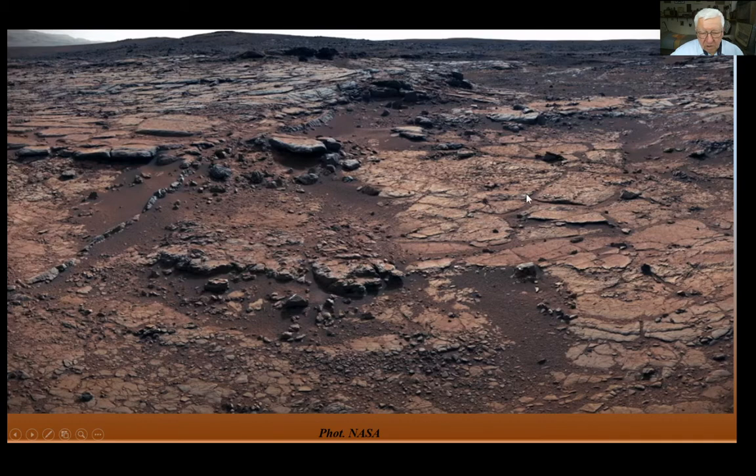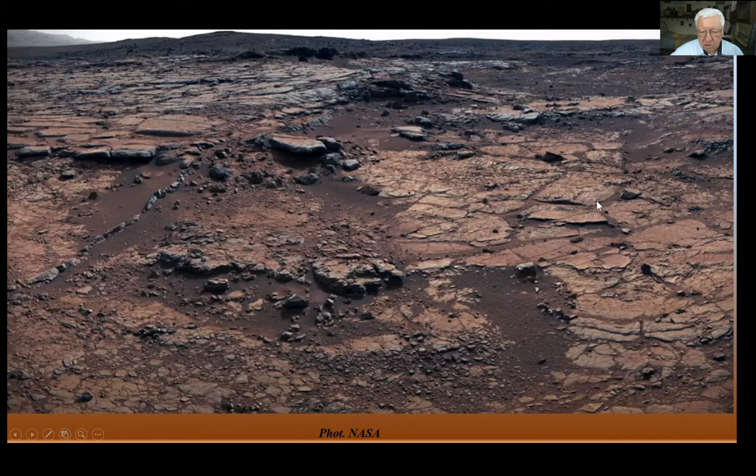These fractures, these spaces are most probably because of the drying. It's for documentation, but future documentation.